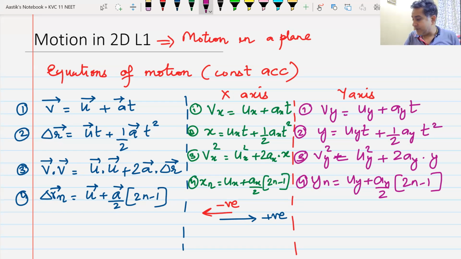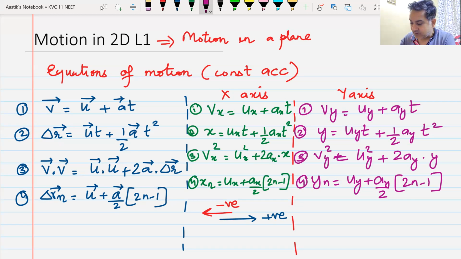Whenever we are talking about motion in 2 dimensions, or motion in a plane, the first type of motion that comes to our mind is which one? You must have heard about this name.